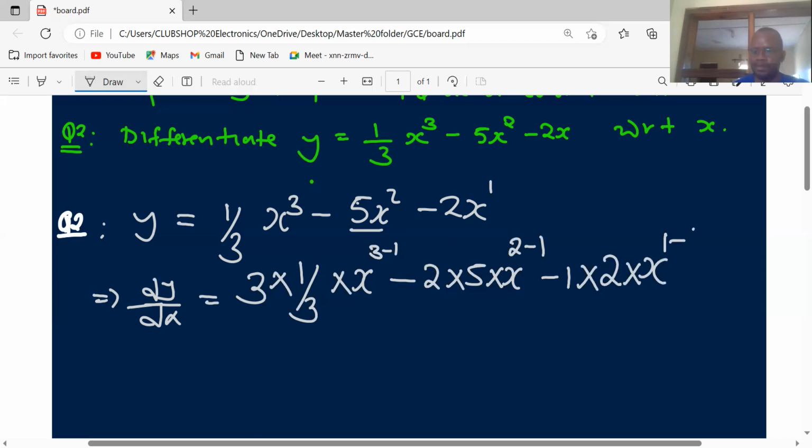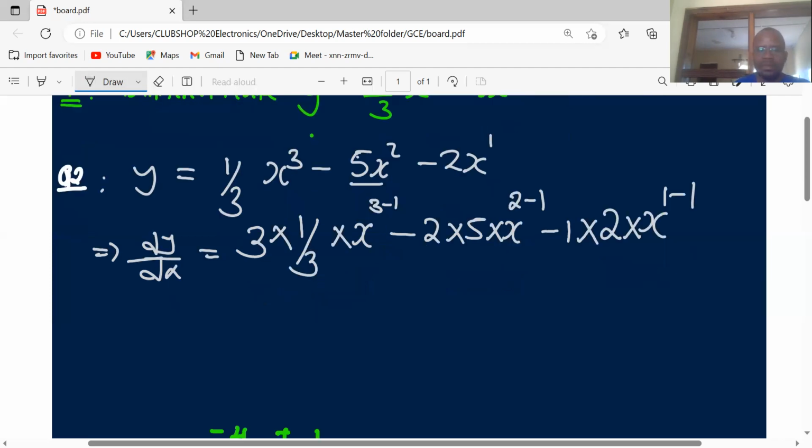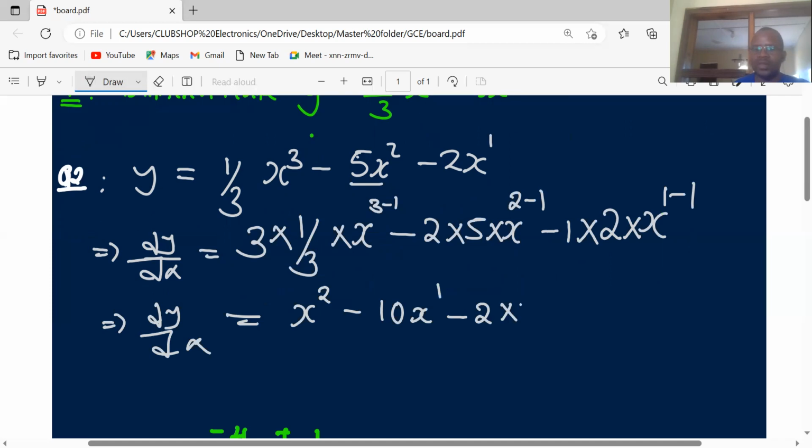So this implies, therefore, that dy/dx is equal to 3, and 3 will divide 1 by x, so it will be x to the power 2 when you subtract 1 from 3, minus 10 x to the power 1, minus 2 times x to the power 0. So what are we saying?